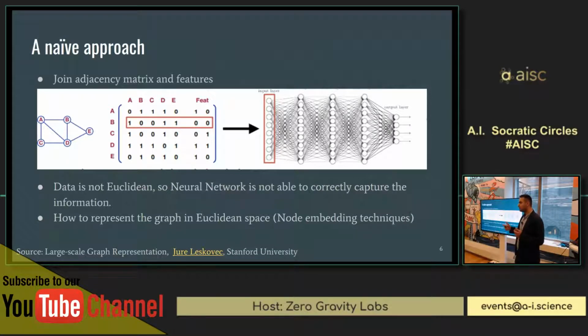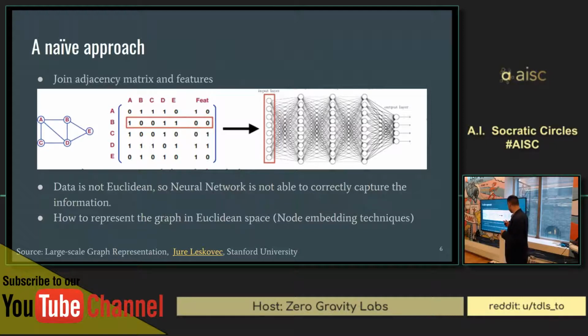And since the data is non-Euclidean, you cannot capture the distances between entities by using similarity functions which are applicable in Euclidean space, like norms, distances and cosine. It is not possible to capture information correctly by a neural network.